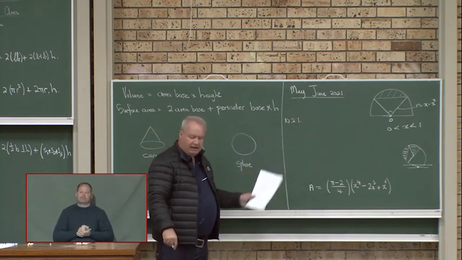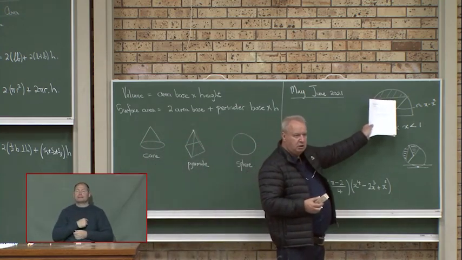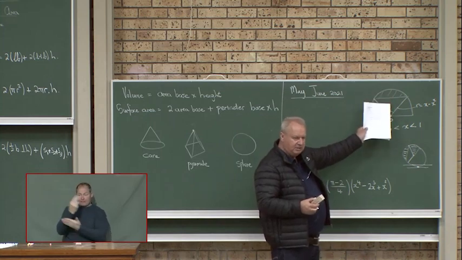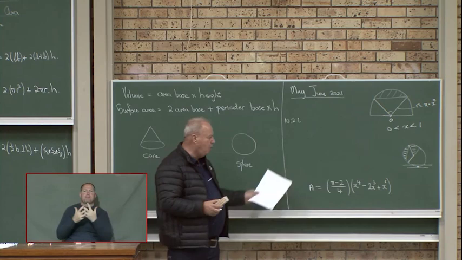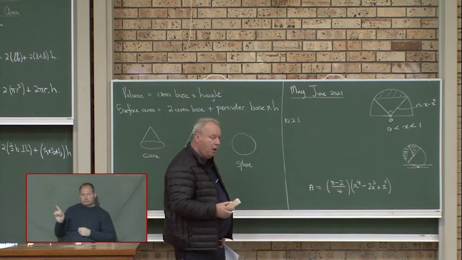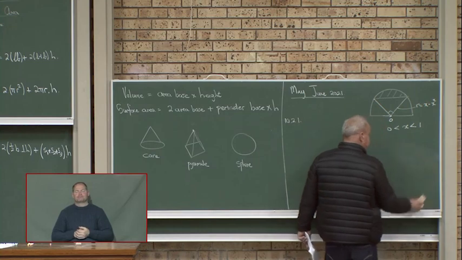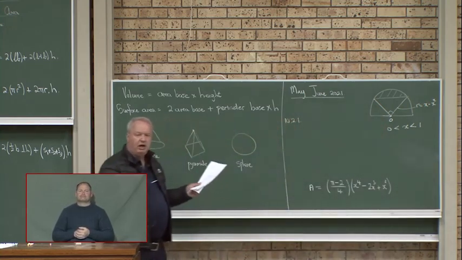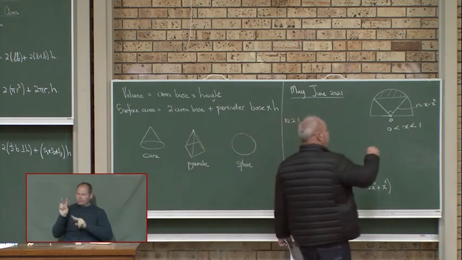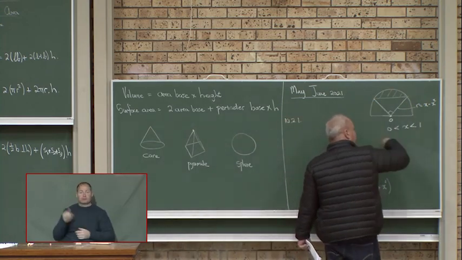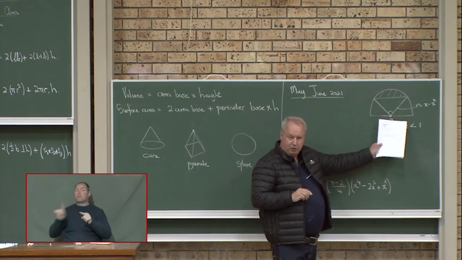The question here is, we need to show that the shaded part, which is a segment, is given by this formula, pi minus 2 divided by 4 multiplied by x to the power of 4 minus 2x cubed plus x squared. Now, let's have a look at the question. People, do you understand that this could be a full circle? So at least we are looking at a semicircle.